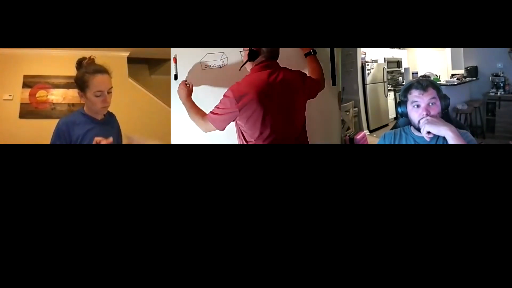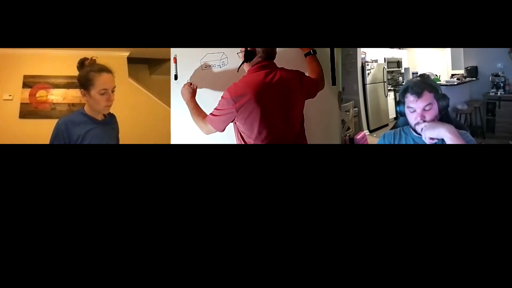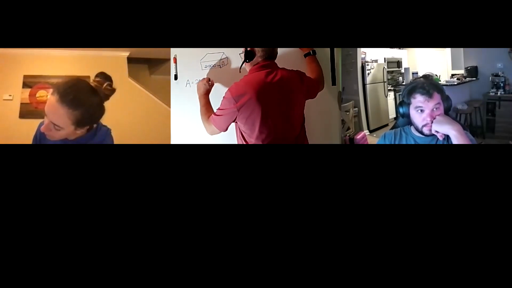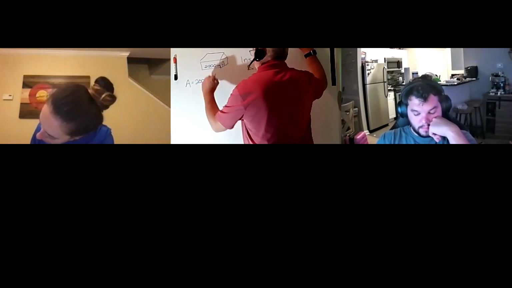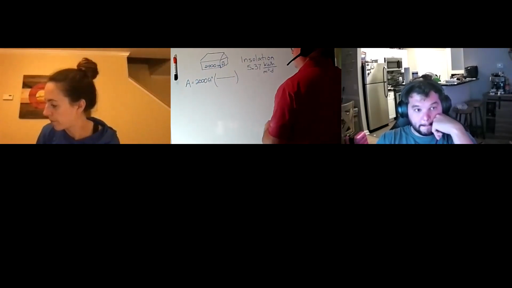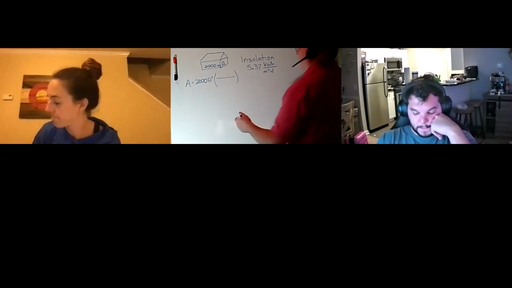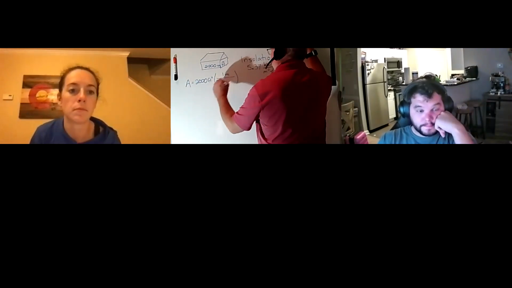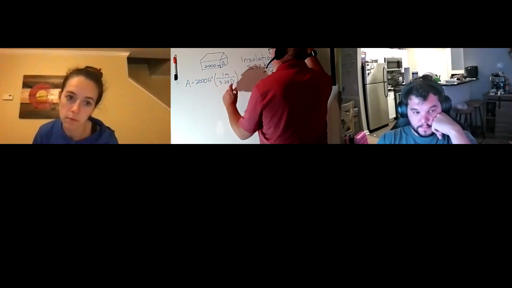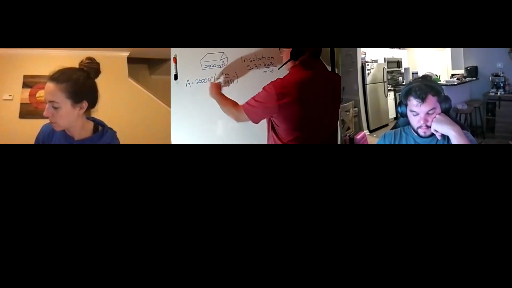So our area is equal to 2,000 square feet, and we want to multiply by a factor. So that gives us square meters. So I know that 1 meter is equal to 3.28 feet. But if I multiply that out, that's only going to give us one factor of feet.